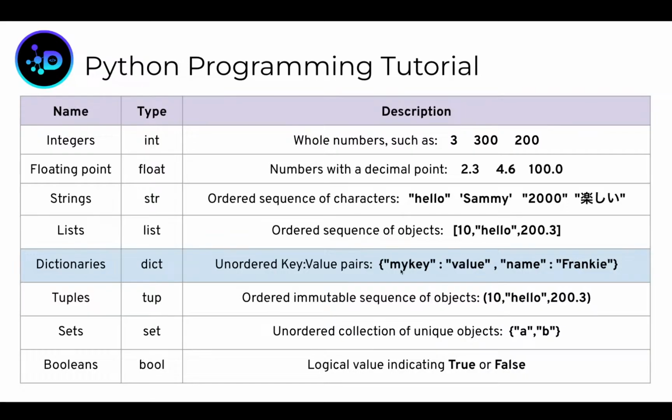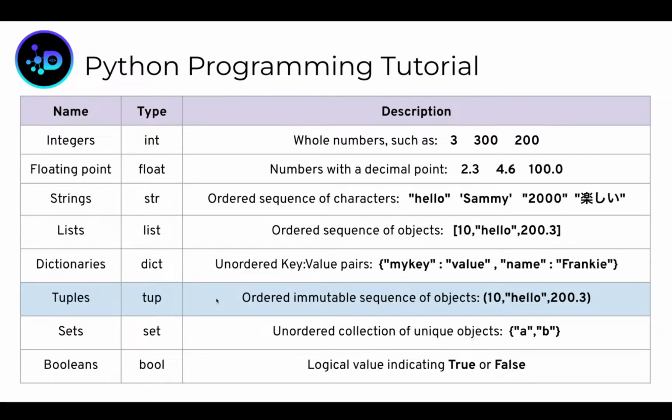So this is the key here, and this is the value. And you can have multiple keys and values inside a dictionary. For example, we have one here, the key and the value, and we also have the next one, name and Frankie, where the key is going to be name and the value is going to be Frankie, right?